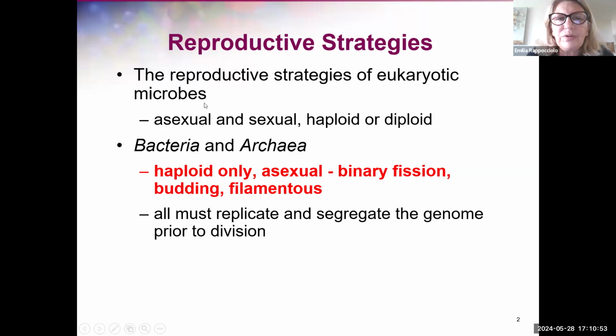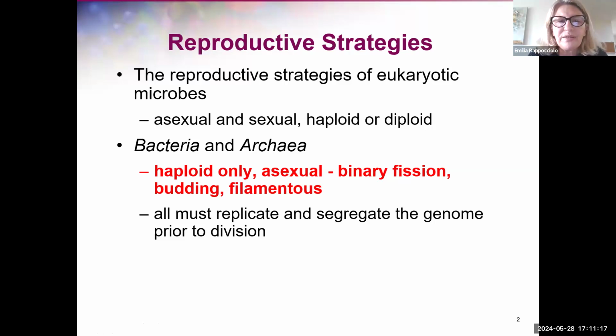In any case, whether we are looking at asexual, binary fission, mitosis, or meiosis, before cells divide, before you have the ability to generate daughter cells or gametes, the DNA needs to be replicated, and so you need to copy the DNA.